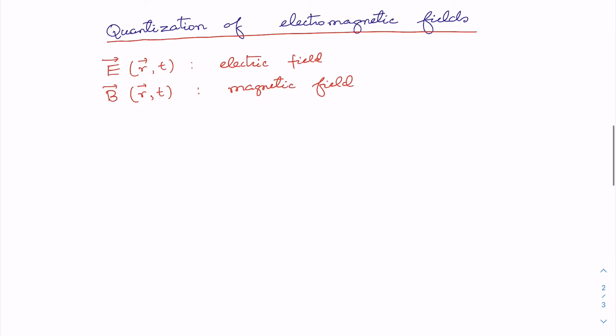If I consider an electromagnetic field in free space, it is going to be described by the so-called Maxwell equations.